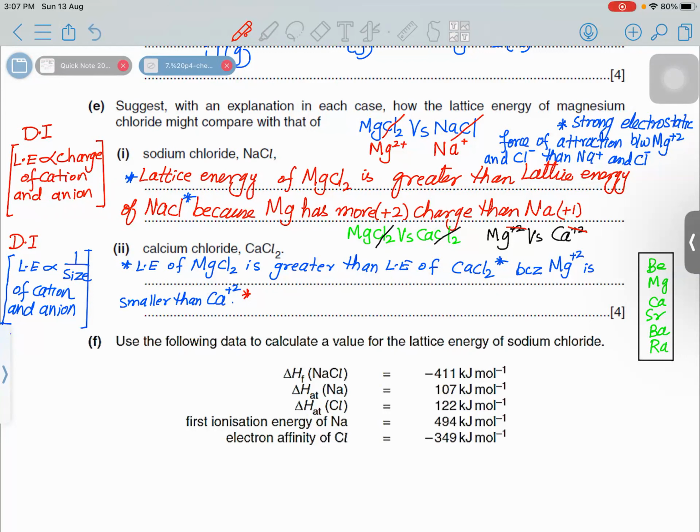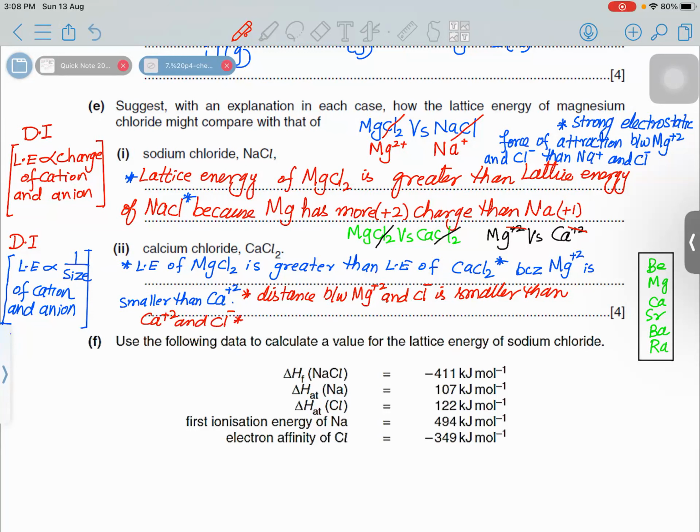For third mark, distance between magnesium plus 2 and Cl minus is smaller than calcium plus 2 and Cl minus.